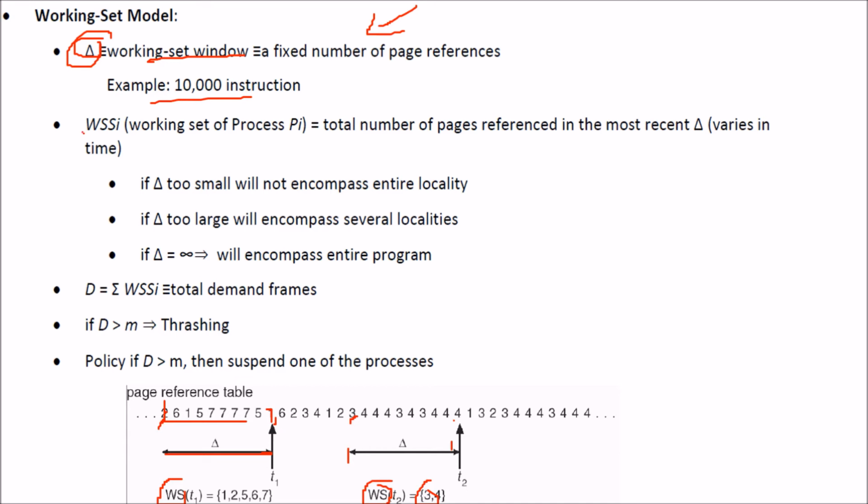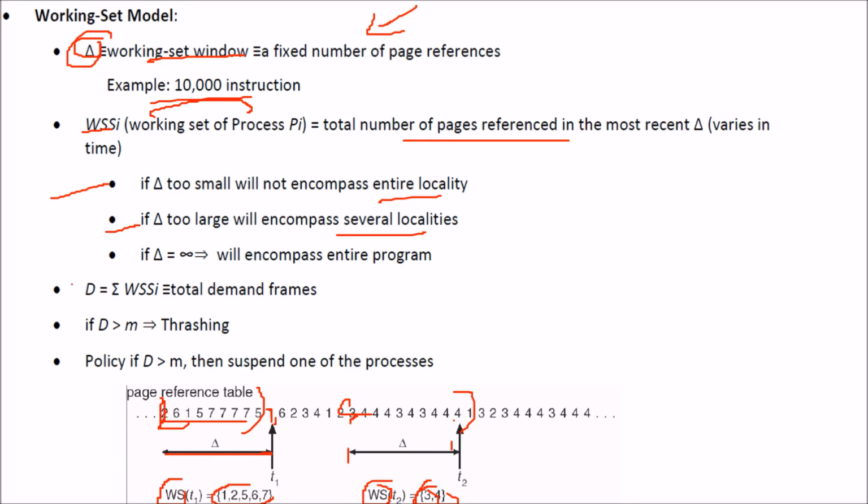So WS, the working set of process Pi, is the total number of pages which have been referenced in this window, from here to here, from here to here. So these are sets, actually. If delta is too small, there is no locality; if too large, we have some overlapping.